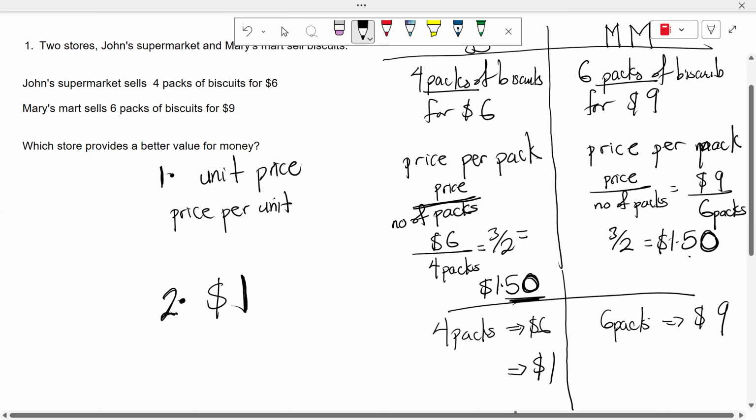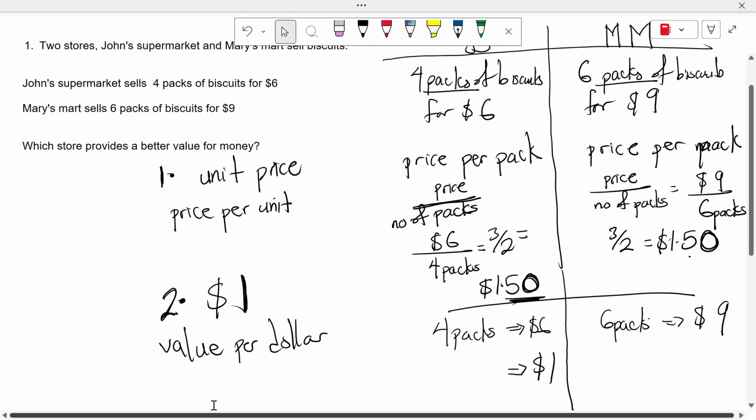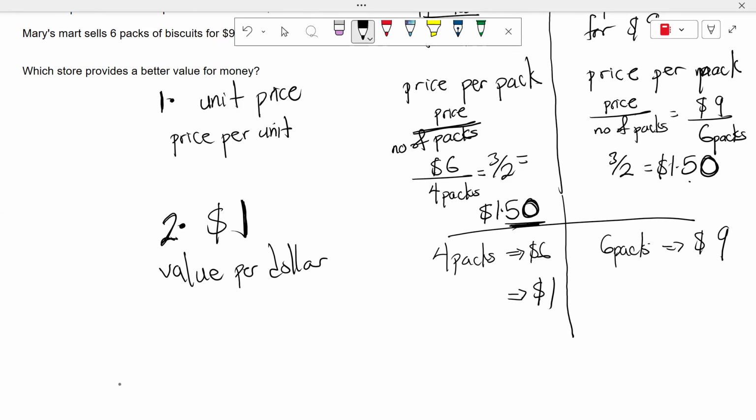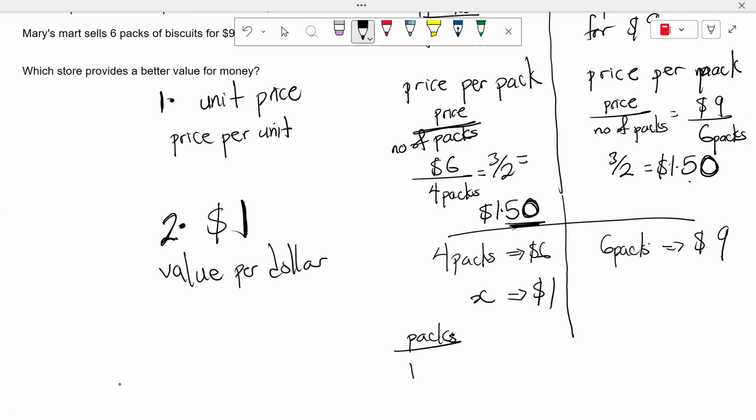Let me use the term value per dollar. So how many packs will I get for $1? It's just going to be the reverse of the other one. What you're going to do is number of packs over price.